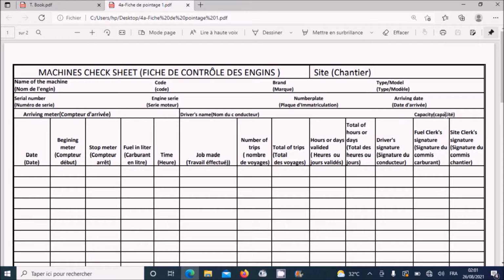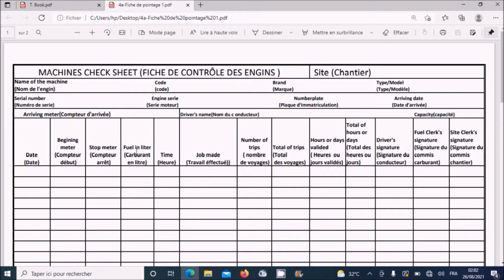And here we have the capacity of the machine or of the truck. So this part allows us to identify the machine. And here we have the date, the start meter or beginning meter, the stop meter or the closing meter.